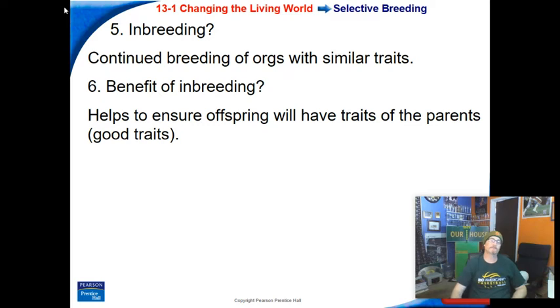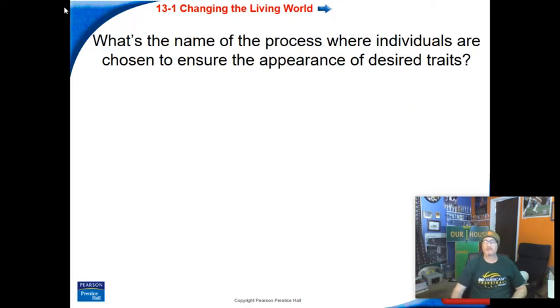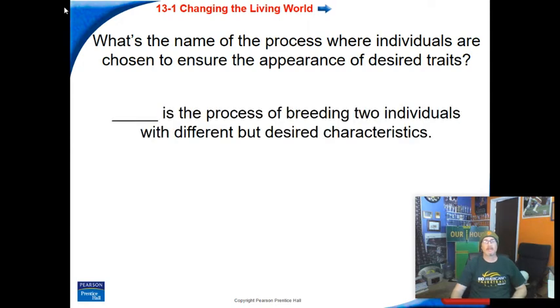Moving ahead. Okay, what's the name of the process where individuals are chosen to ensure the appearance of desired traits? Take a look back at number 1. Yeah, you bet. We're talking about selective breeding. Good. Blank is the process of breeding two individuals with different but desired characteristics.